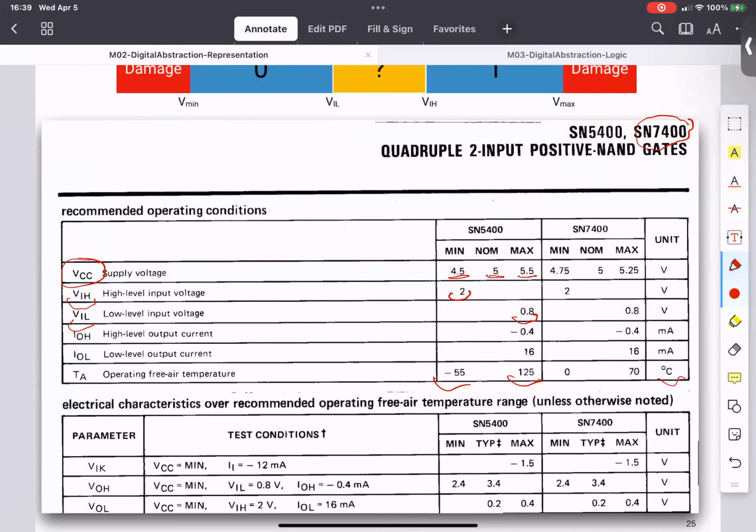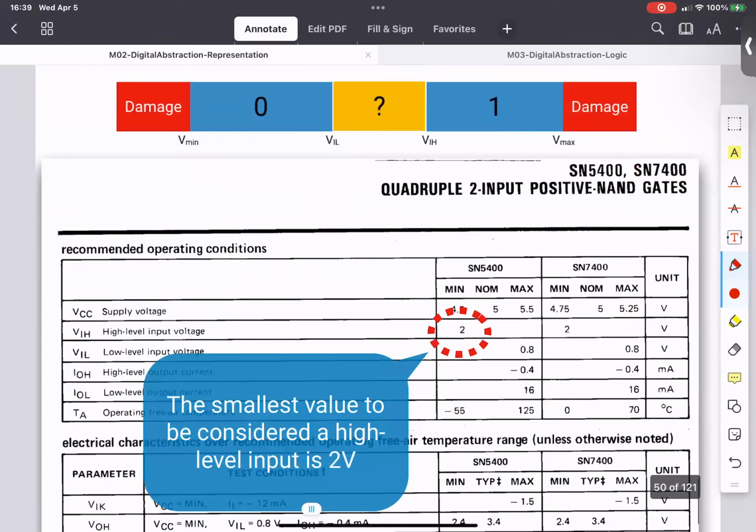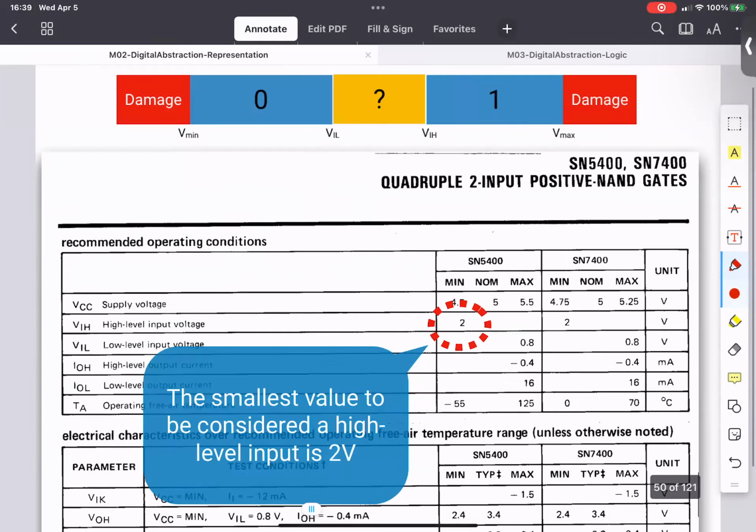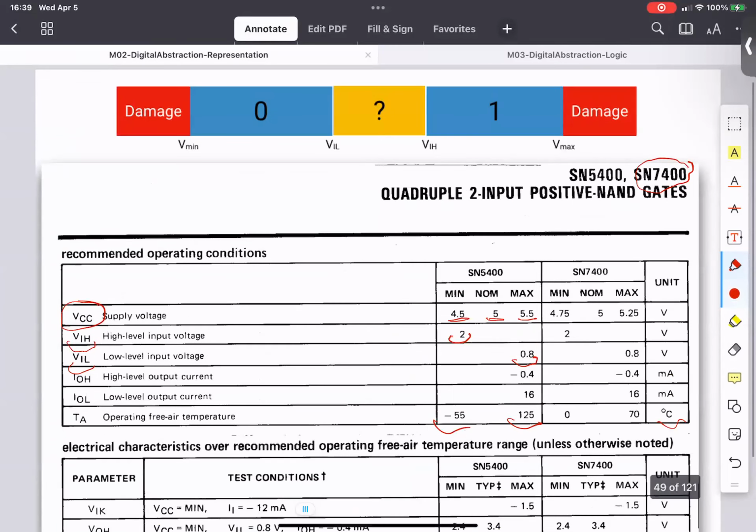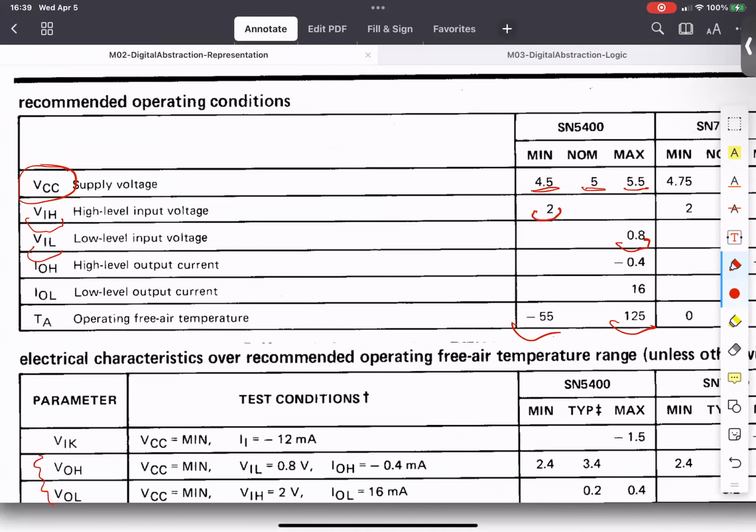That's the input side. Now the magic comes in the promises it makes on the output side. You would also see that it has these two other parameters, VOH and VOL. This is a promise that the circuit is making on what it is outputting.